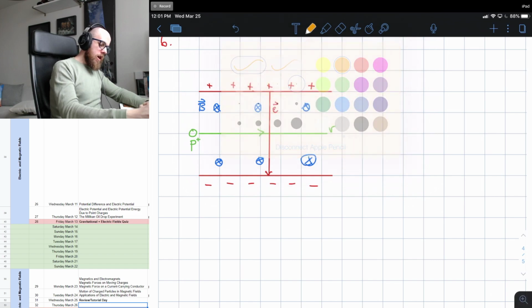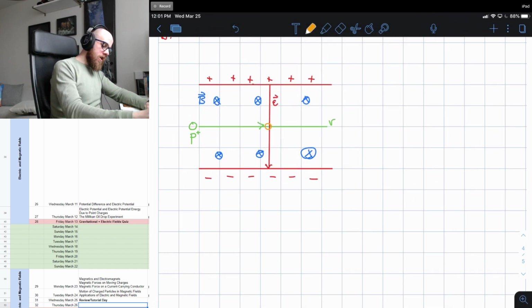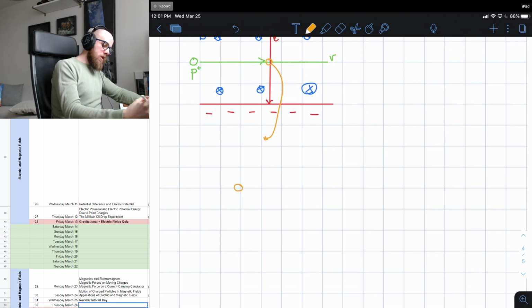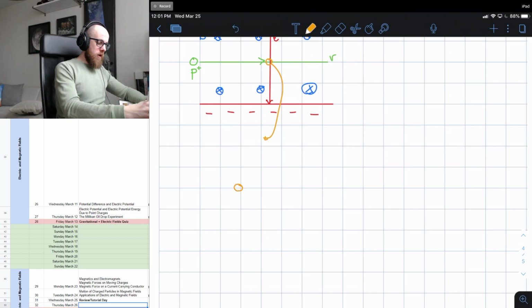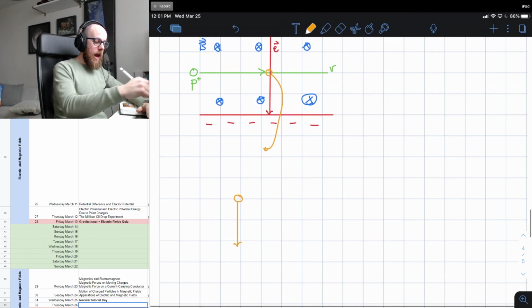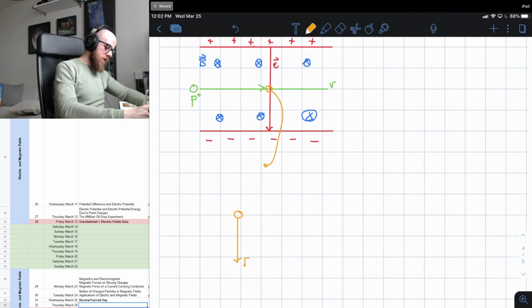So if I imagine that the proton is here and I break this off down here, it's going to feel two forces, right? The first force that it'll feel is due to the electric field. So the electric field is going to exert a force downward on the particle. So Fe will be downward, okay?